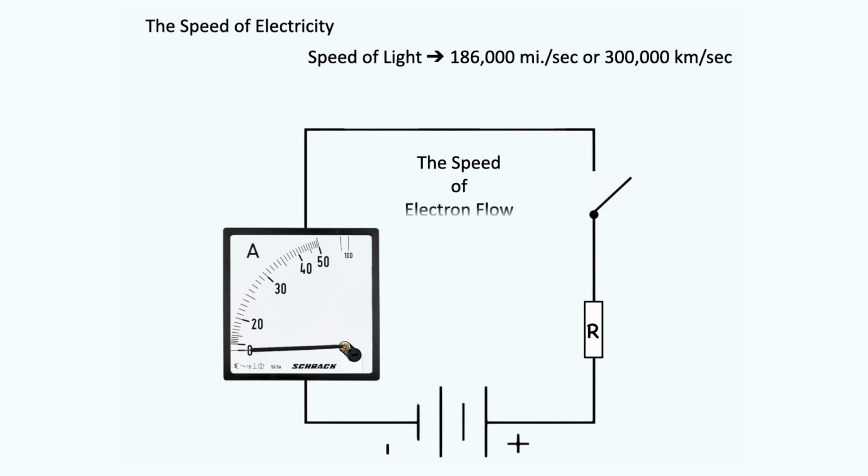However, this is not the speed of electron flow, which is often referred to as drift velocity. And as I said, this is not the speed of an electron flow. An electron is not flowing at the speed of light.